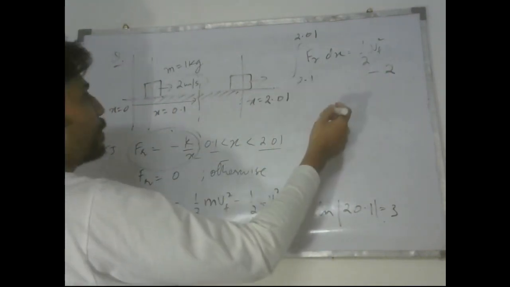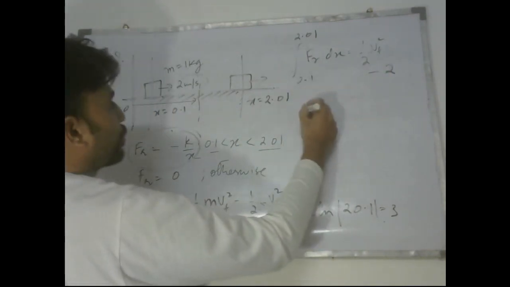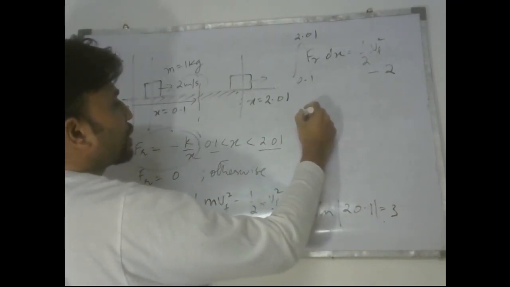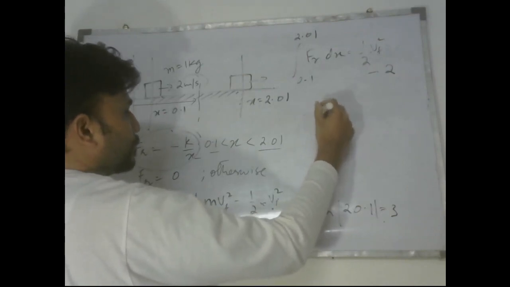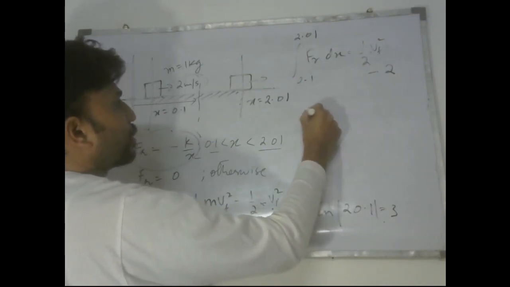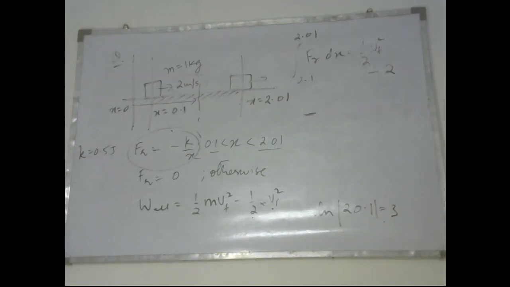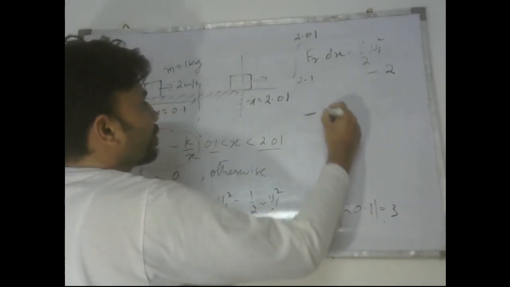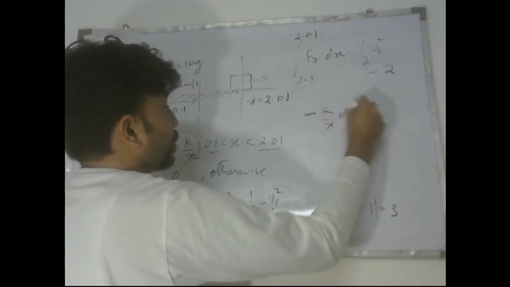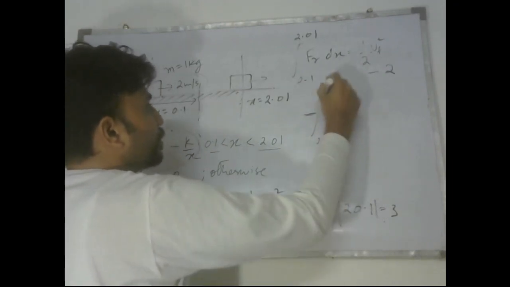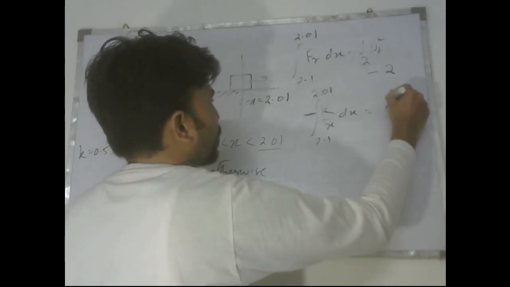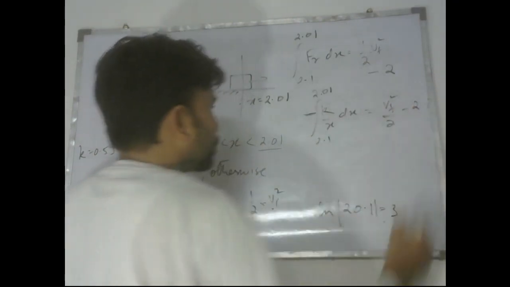Fr is the negative value. So minus k x integral 0.1 to 2.01 is equal to vf square by 2 minus 2.